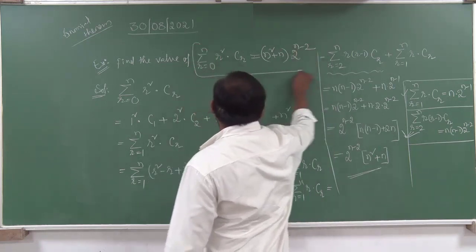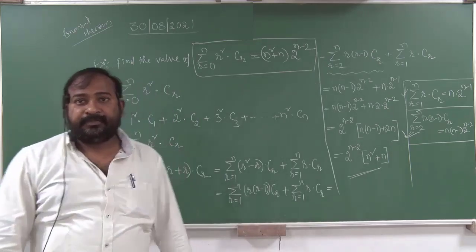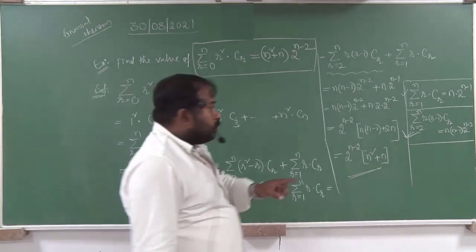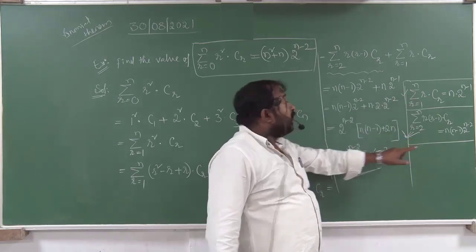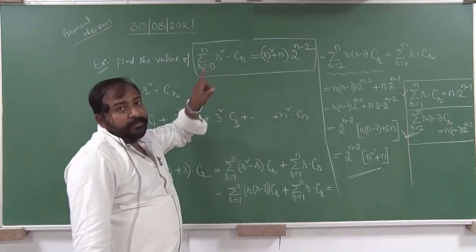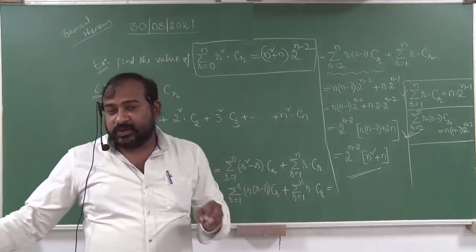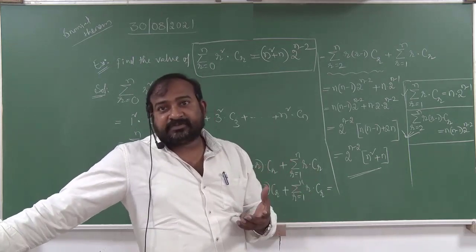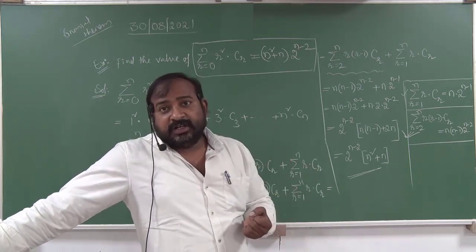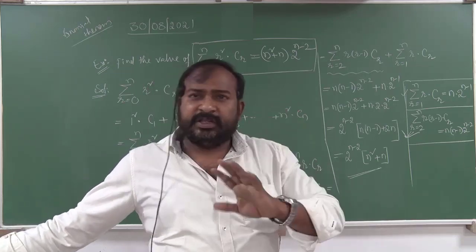So this is also one more important point. Got it, ma? So this is the first formula, this is the second formula, and this is the third formula. So no need to remember, ma. Just go through the method, how you derive that concept. If you remember that method, then it is okay.